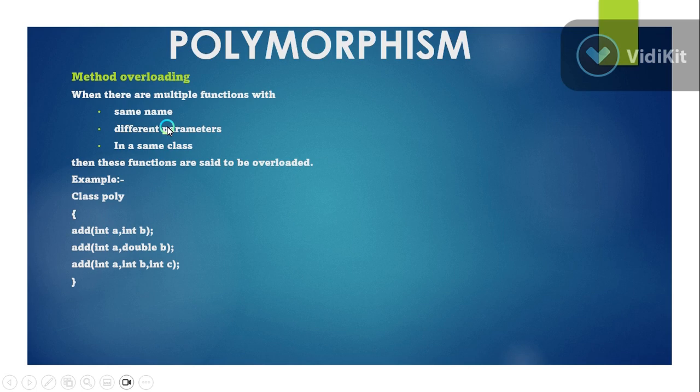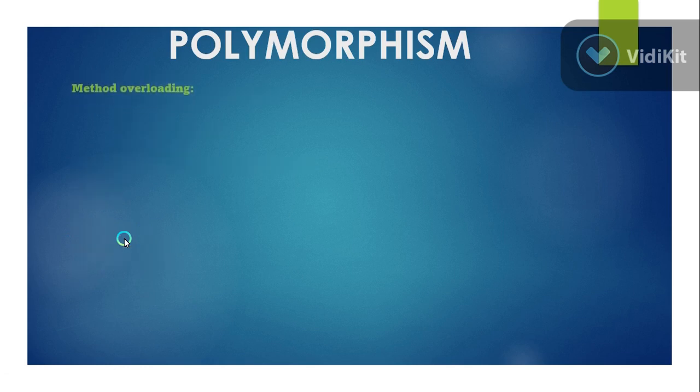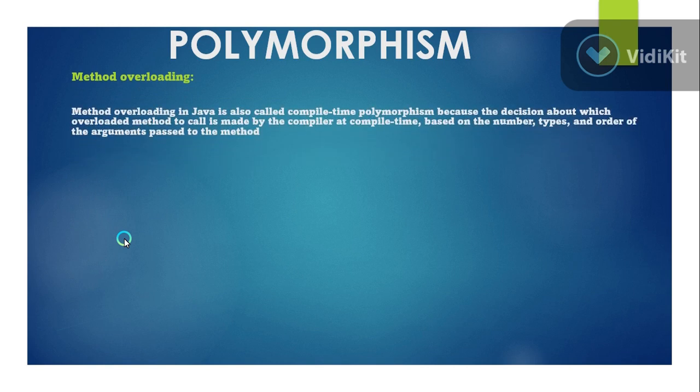The definition one more time: there are multiple functions with the same name, different parameters in the same class. Those are the rules: same name, different parameters within a class. That is method overloading. Let us see the example.